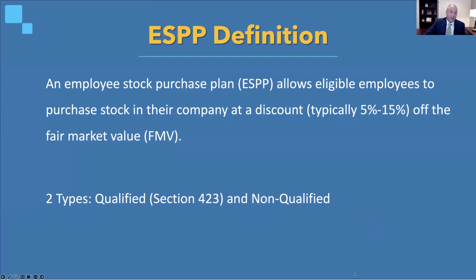We like using a lot of qualified and non-qualified terminology, right? It's really as it relates to IRS regulations, but more often than not, you're going to be participating in a qualified or Section 423 ESPP plan. That's been my experience. The majority of these plans are qualified plans, and so that's what we'll focus on today.